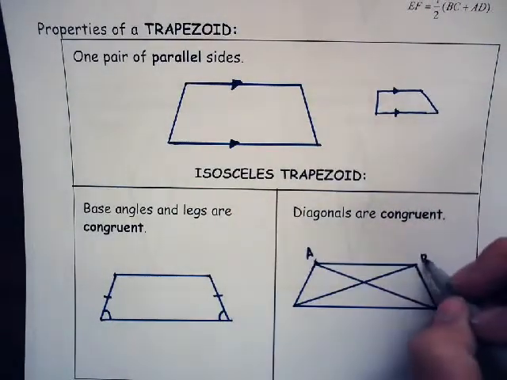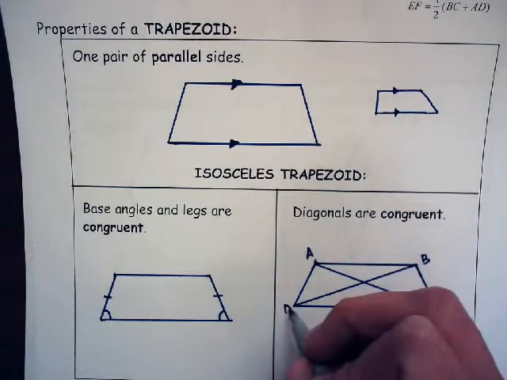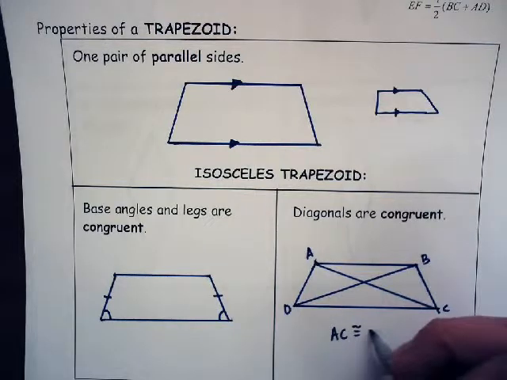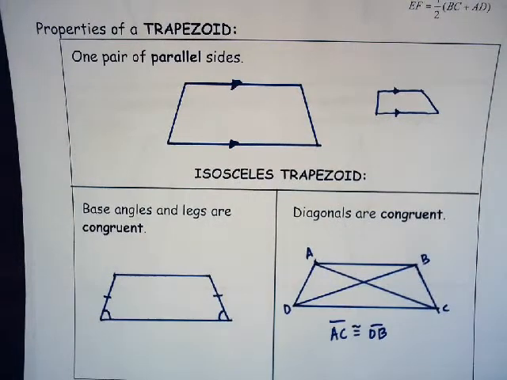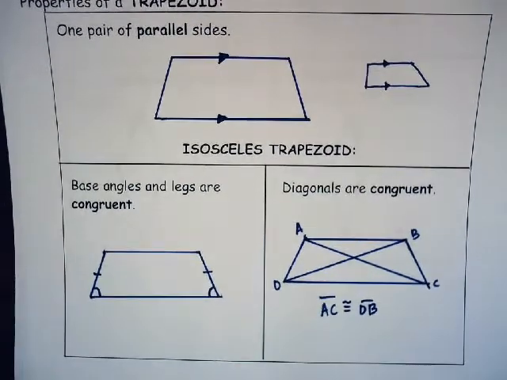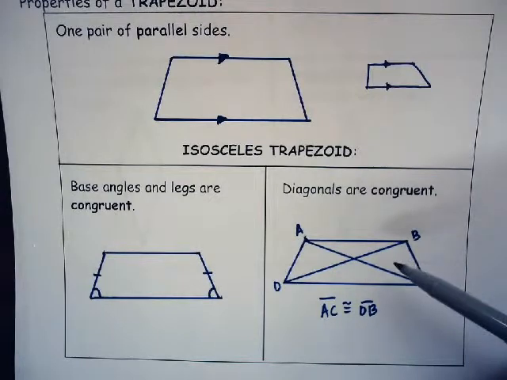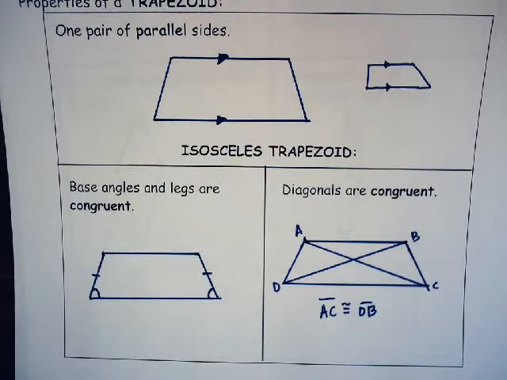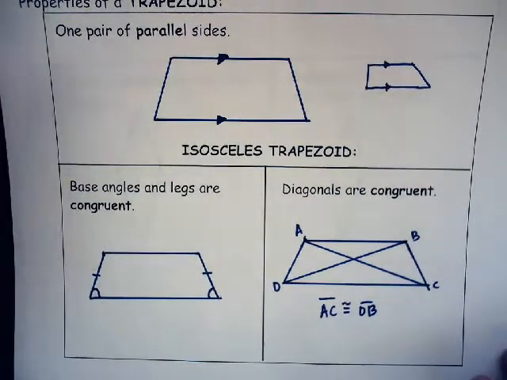So if I had A, B, C, D, I would say AC is congruent to DB. So those are the properties of an isosceles trapezoid. Not every trapezoid has these properties, but an isosceles trapezoid, one with congruent legs, has these properties.